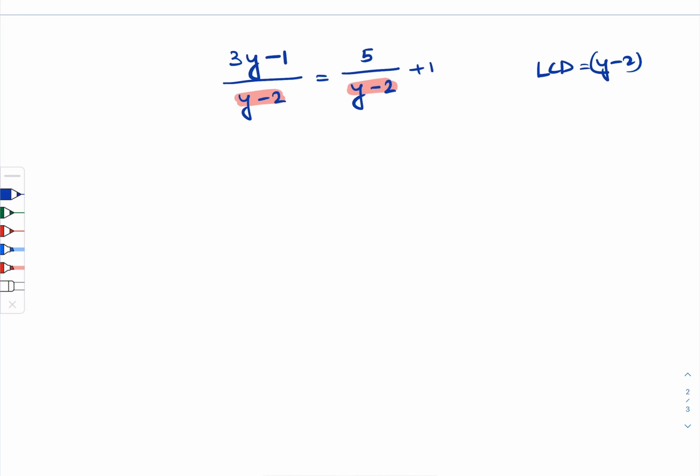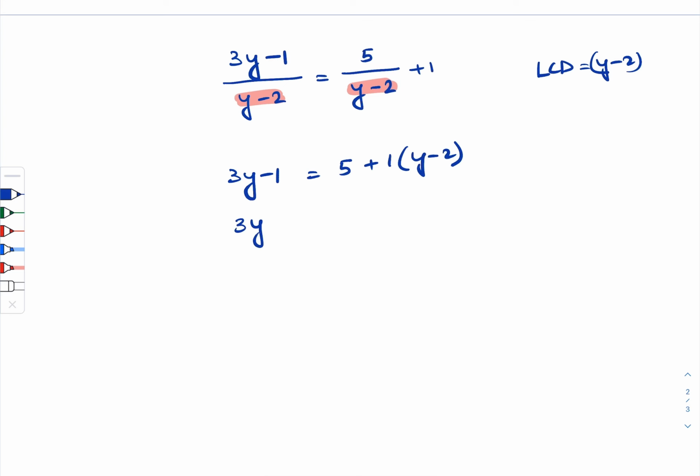So in that case, y minus 2 goes into y minus 2 one time, so the 3y minus 1 comes down, we get rid of the denominator. Same thing with the 5. Since y minus 2 goes into y minus 2 one time, it's 1 times 5, which gives you 5. And then this one out here, that goes into y minus 2 times, right? So plus 1 times y minus 2.